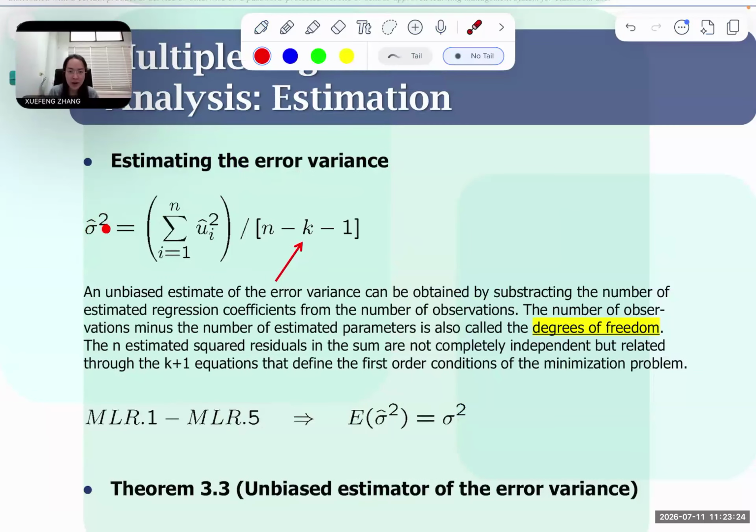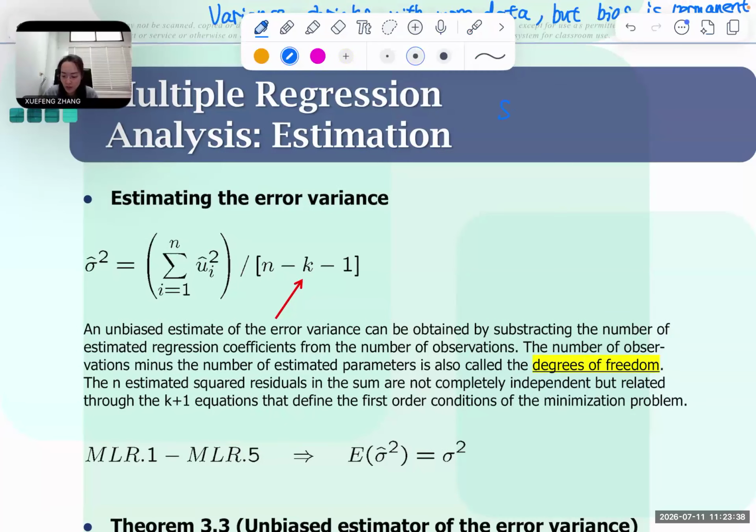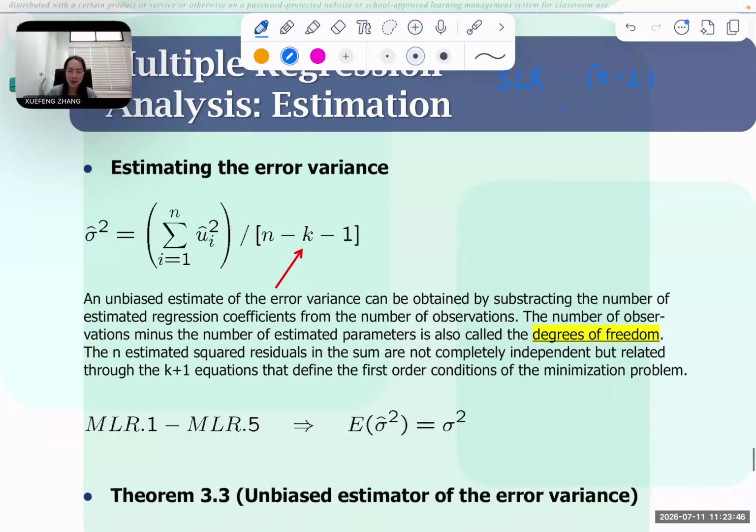Remember, sigma squared hat equals the summation of the error term squared divided by n minus k minus 1. In simple linear regression, we divide it by n minus 2. But here we divide it by n minus k minus 1. Not just n, okay?